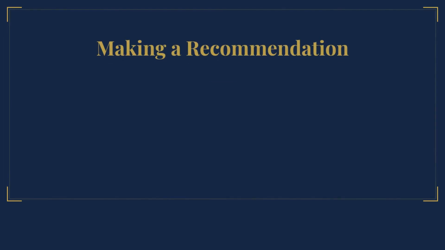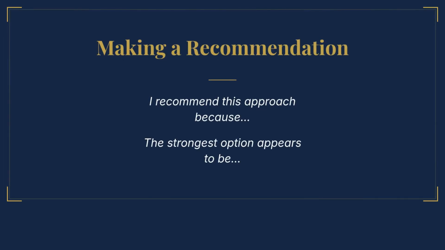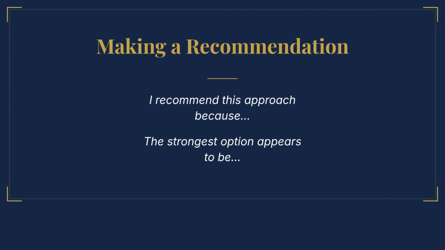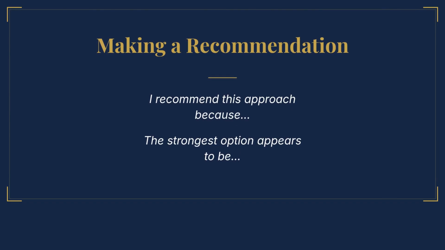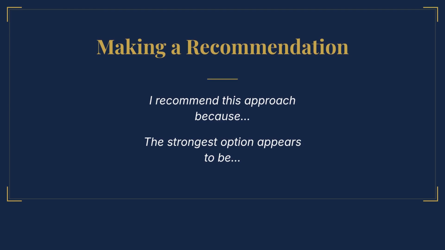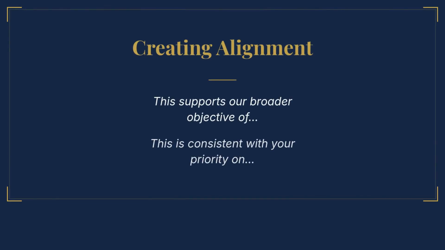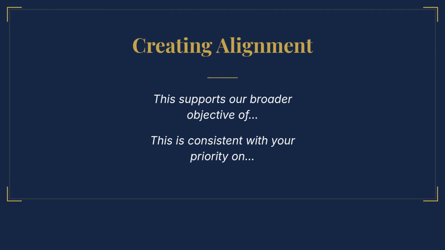There are also several messaging patterns that are especially useful in executive communication. When making a recommendation, you might say, "I recommend this approach because," or "the strongest option appears to be." When explaining significance, you might say, "This matters because," or "the main implication is."